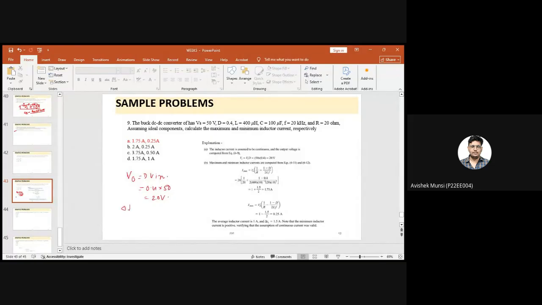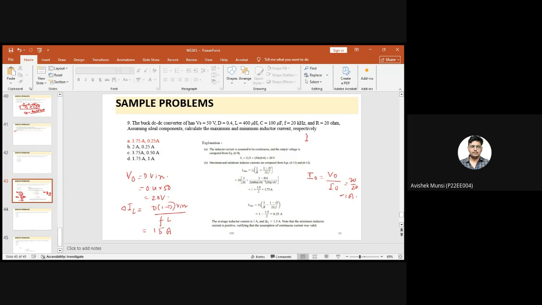If we solve for delta IL, it will be 1.5 A, and since we have the output voltage, my I0 will be V0 by R, that is 20 by 20, 1 amp.